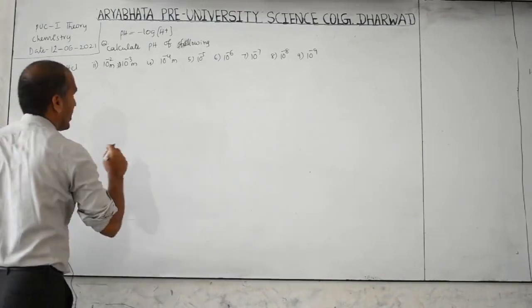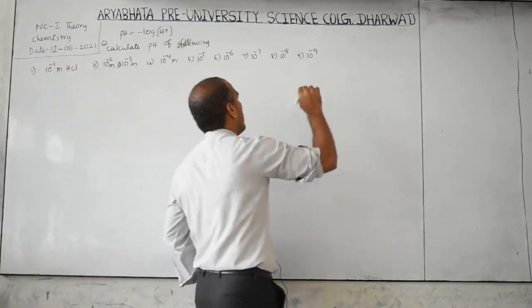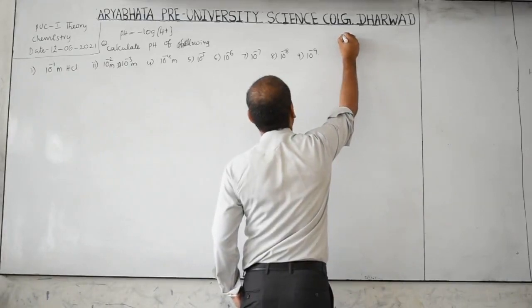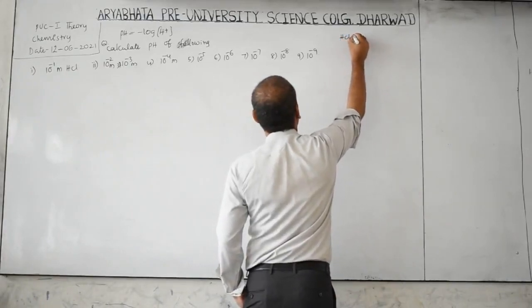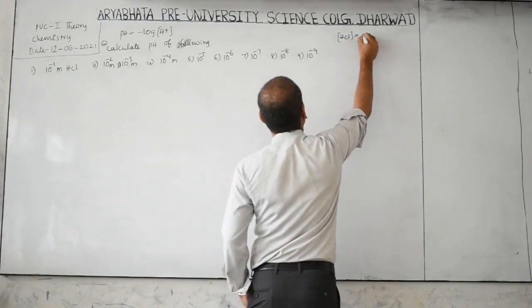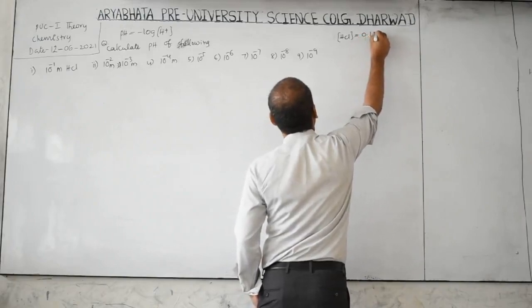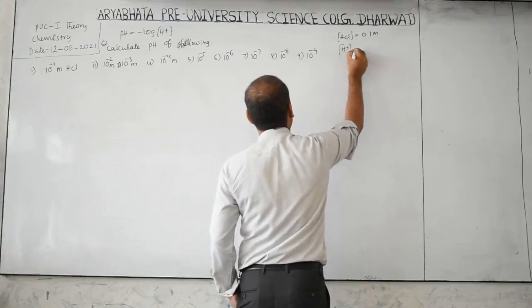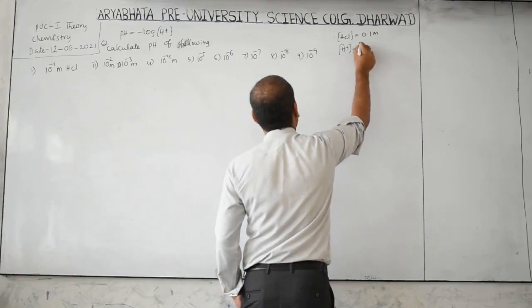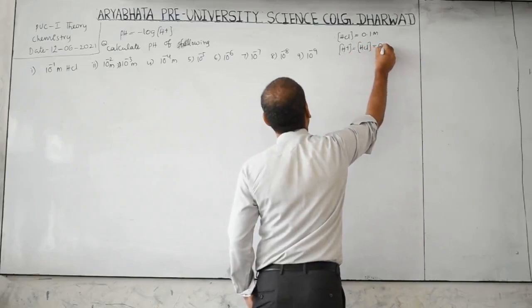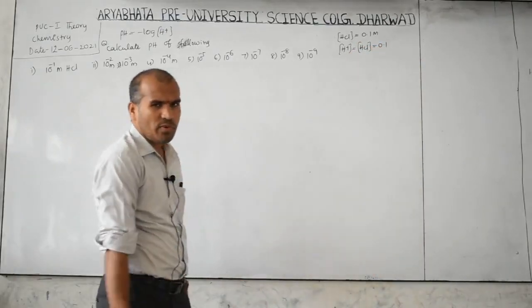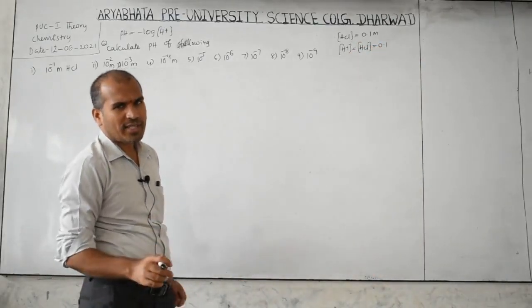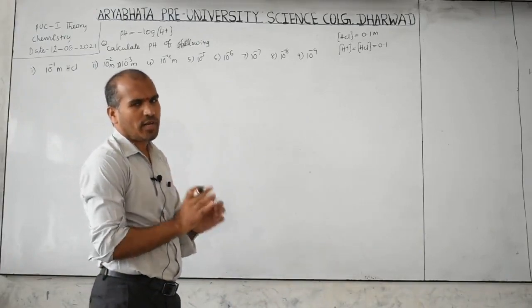Now according to your textbook, one problem is given. Now H plus HCl concentration is equal to 0.1 M, given. Therefore, already I told you that H plus ion concentration is equal to HCl concentration, that is 0.1, because we know that strong acids are completely ionized.